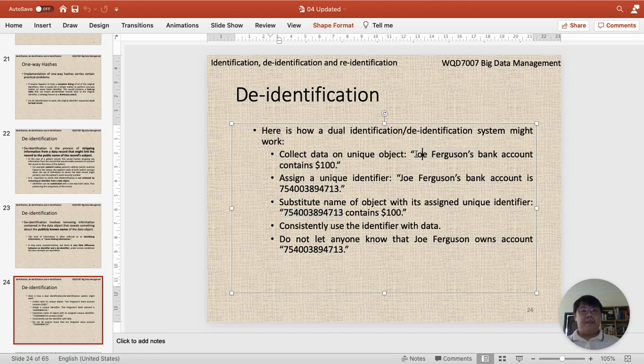The identifier over here is your own name, and the de-identifier over here is your bank account number. The main thing, if you want to hide the original, is you need to make sure no one knows Joe Ferguson owns this particular account number. In that case, you will not have this particular information leak.